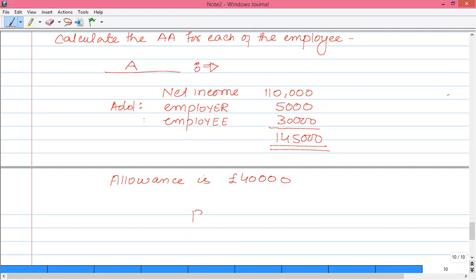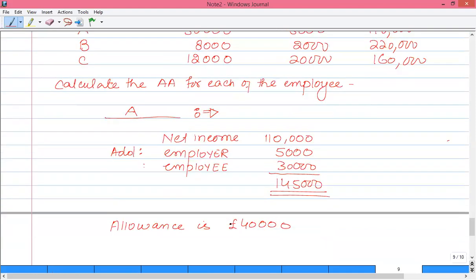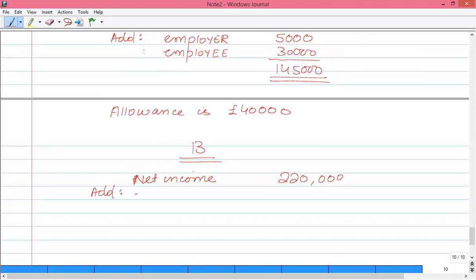Now, as far as the second employee B is concerned, we have taxable employment income 220,000. So we have net income 220,000, and we have employer contribution as well as employee contribution.